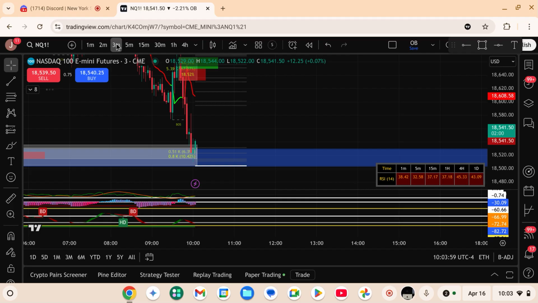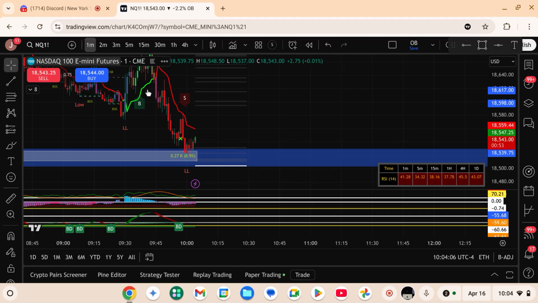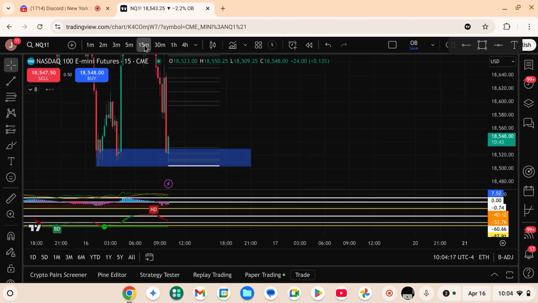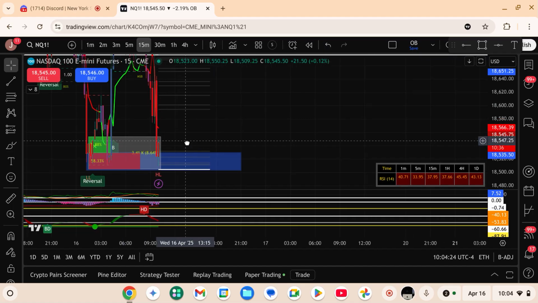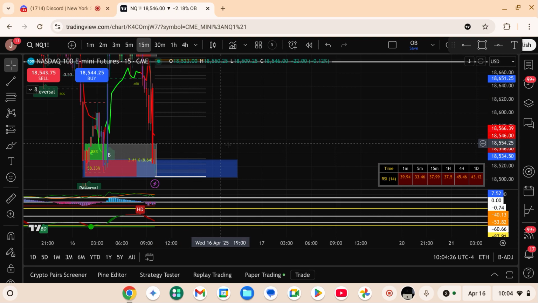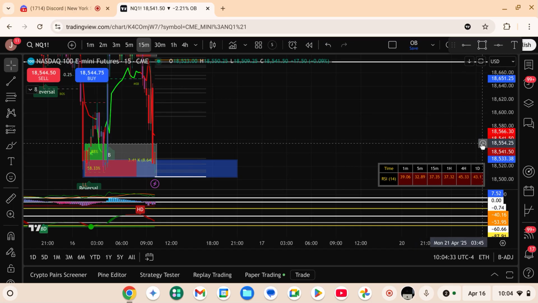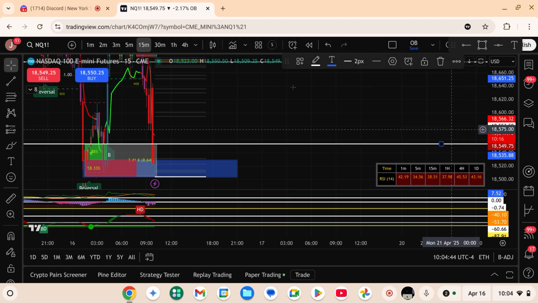Let me put this here. Try to close price in right there on the 15 minute.